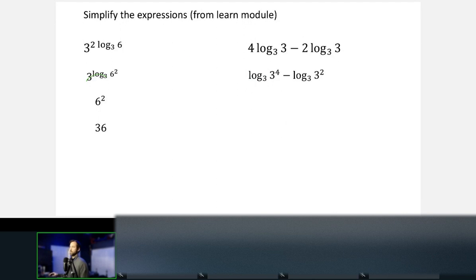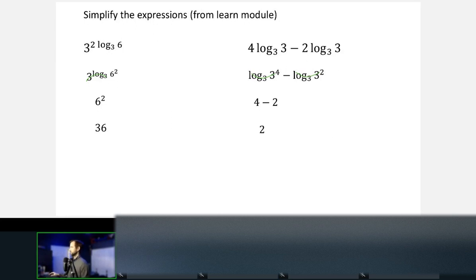Same thing for that log base 3 of 3 to the second power. That cancels out. That 4 carries down, that 2 carries down to get 2.